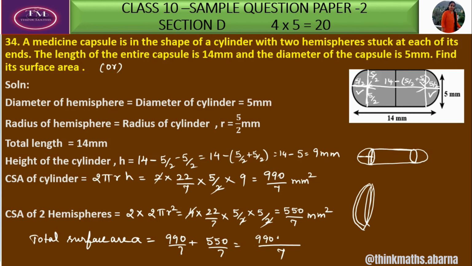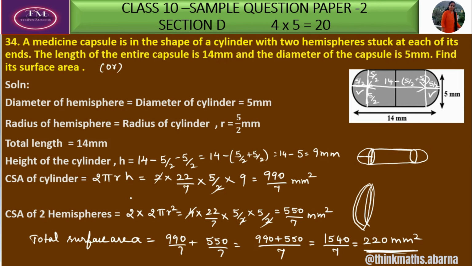So 990 plus 550 is nothing but 1540 divided by 7. So we will be getting 220 millimeter square. So this is the total surface area of this capsule. So it is very simple. We just have to find out the required values and substitute in the formula.